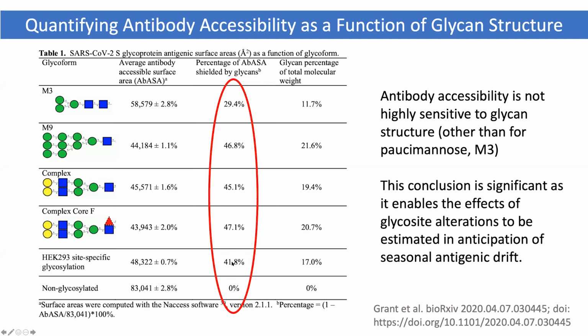If you care about this 5 or 6% difference, then of course that isn't the case. It might not suit. But if you just want to know what regions and approximately how much is shielded, it means you can go ahead and make some models without knowing the exact glycans.